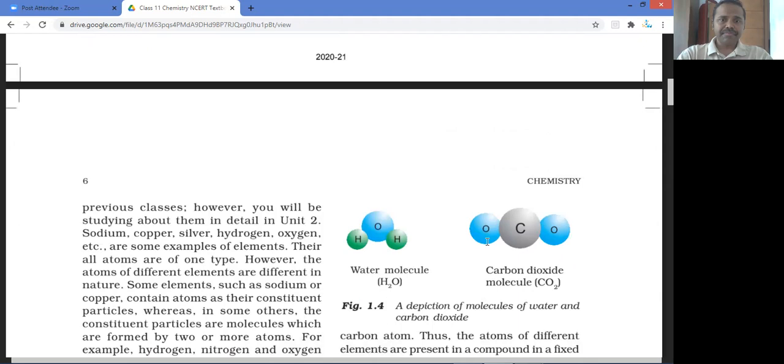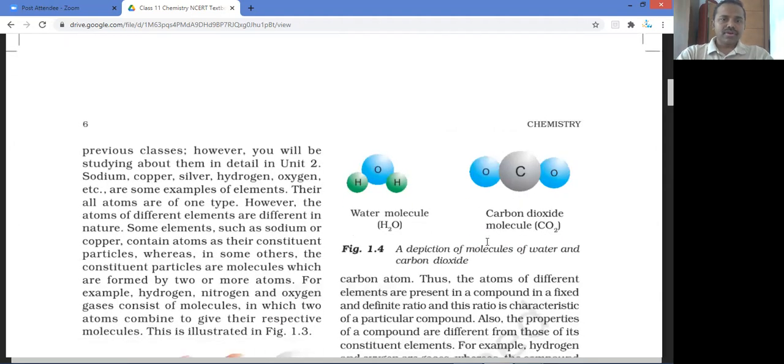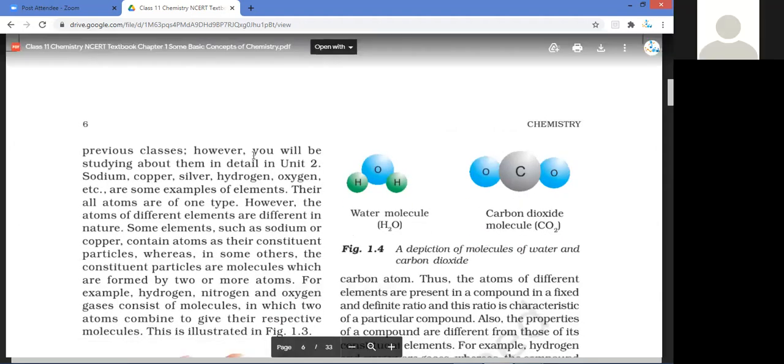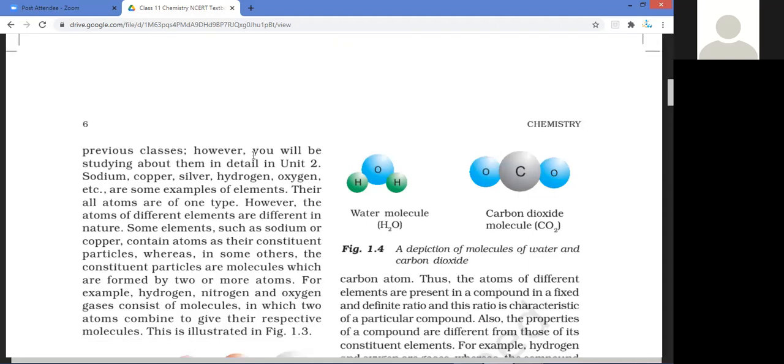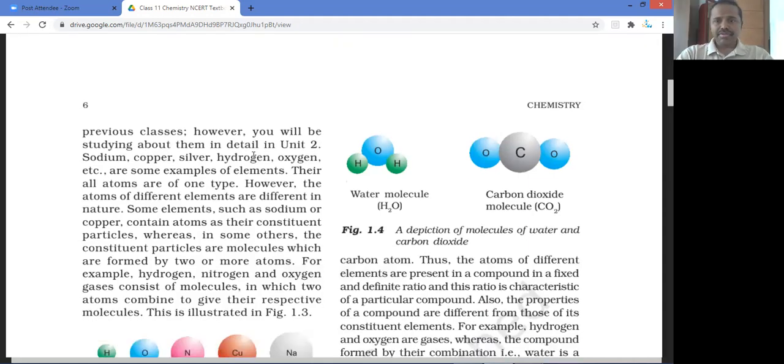So uniform composition is homogeneous, and where the uniformity cannot be guaranteed or could have a variation is heterogeneous.